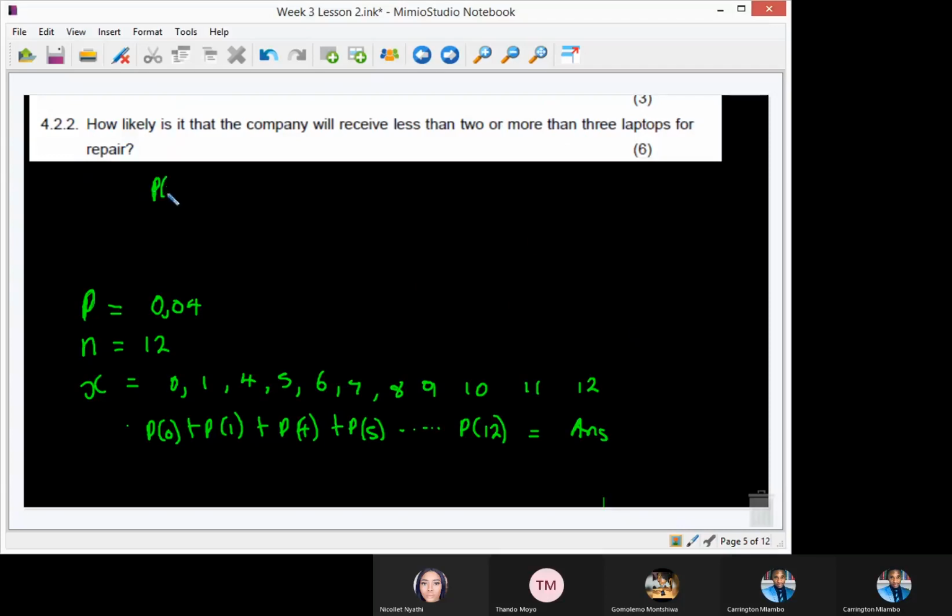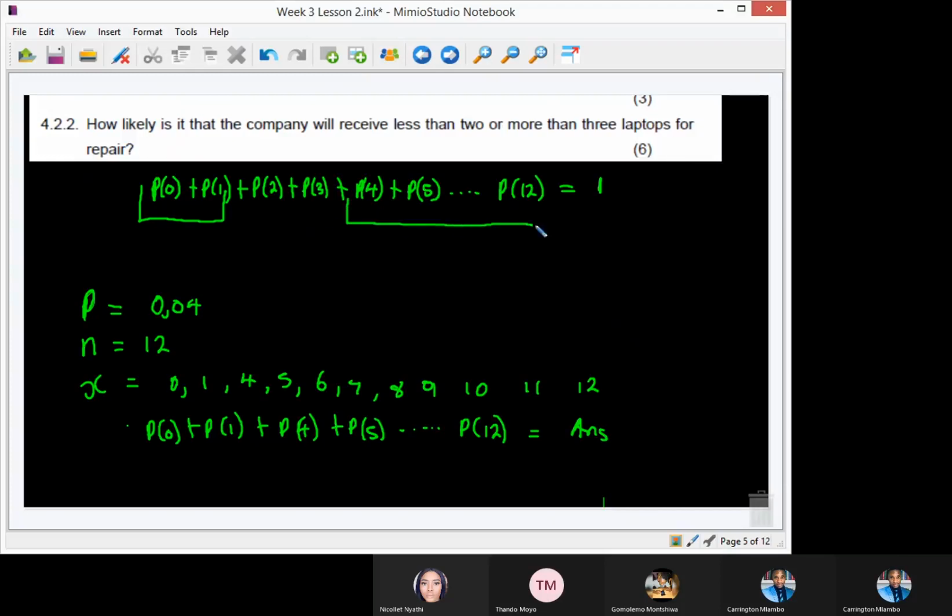So probability of 0 plus probability of 1 plus probability of 2 plus probability of 3 plus probability of 4 plus probability of 5 until plus probability of 12 should be equal to 1. But here we only need probability of 0 and 1, and we also need probability of 4 to 12, which is the longer way.